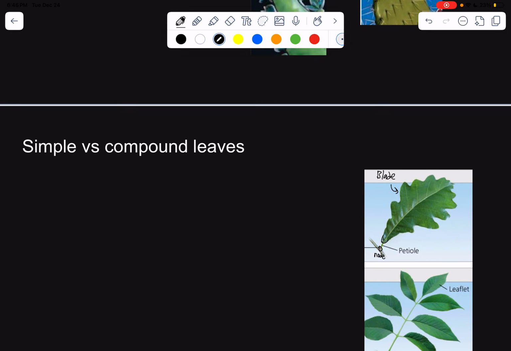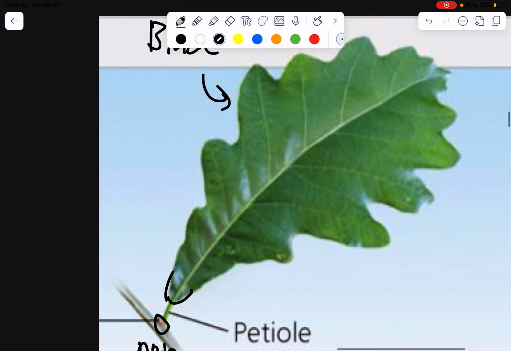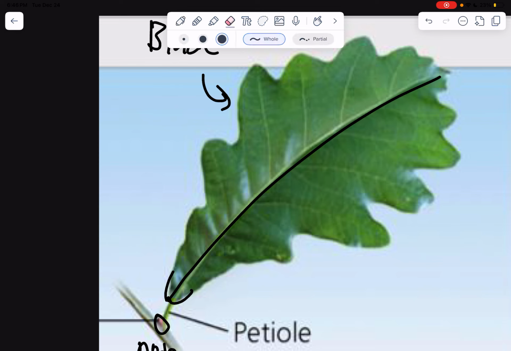Most monocots have parallel major veins, and eudicots generally have a branching network of veins arising from a major vein. So this type of leaf has a branching network of veins arising from a major vein. This is the major vein, the midrib, and thus you can clearly see that it's going to be a eudicot.